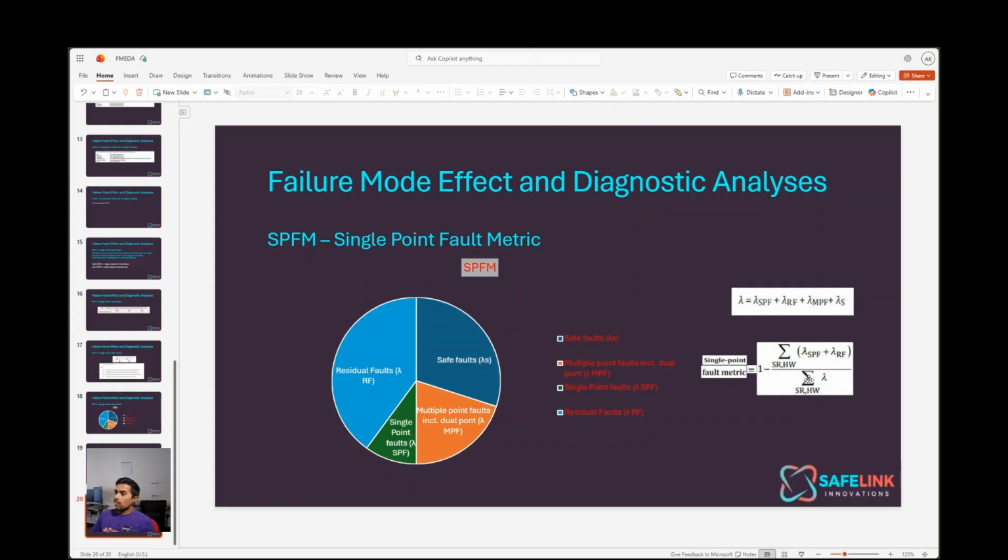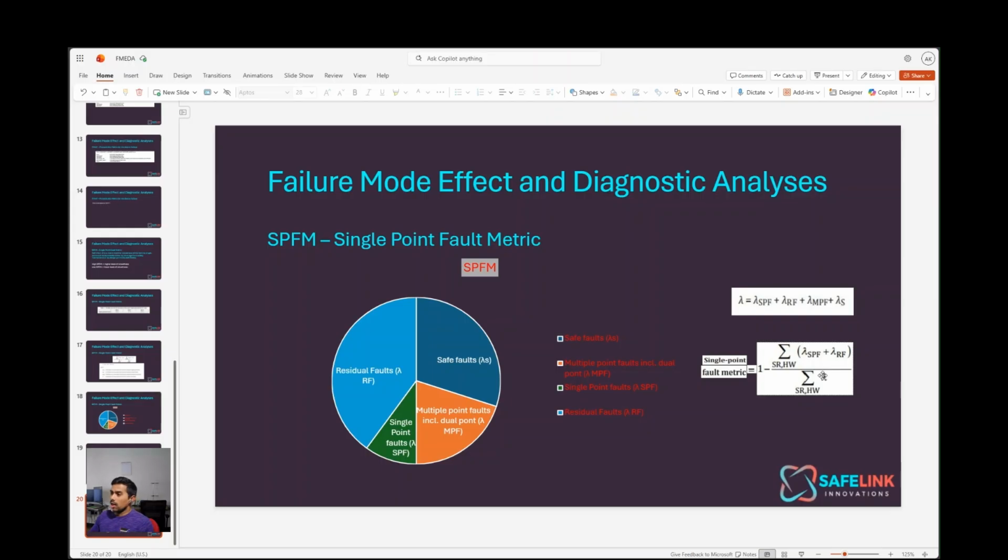Now, let's look at number one, which is increasing the value of the denominator. Increasing the value of the denominator would mean that the overall lambda is going to be much higher. This means that the PMHF, which we've talked about in the other video, is also going to be affected.